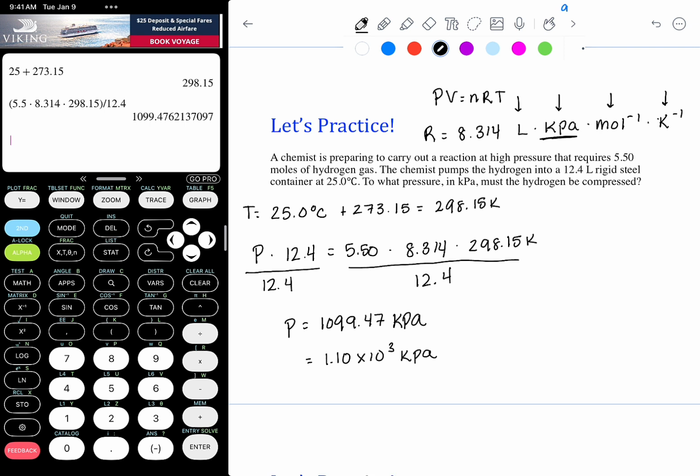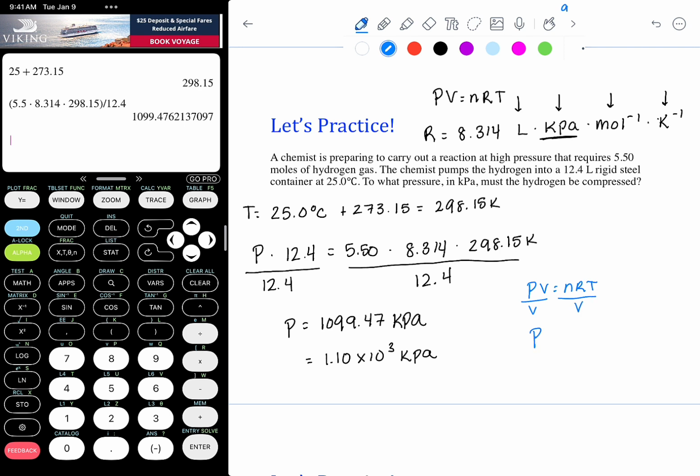If you are having trouble with the algebra portion of these types of problems, like you tried this on your own and did not get the same answer, it's most likely coming down to an algebra and rearrangement problem. So again, as I've said in our previous lesson, if you need to, rearrange the equation before plugging in variables. So for this one, we would have PV equals nRT, and in order to solve for pressure, we would divide both sides by the volume.